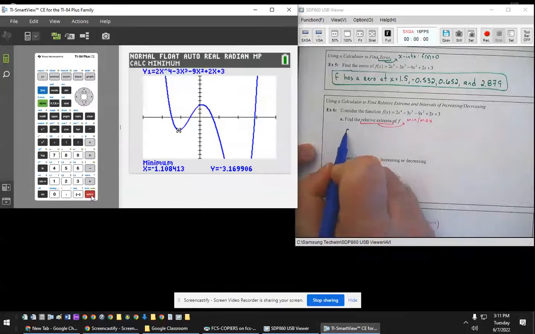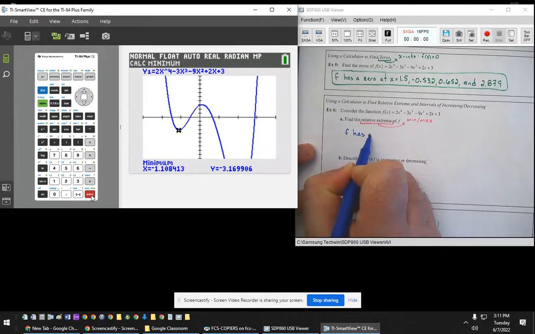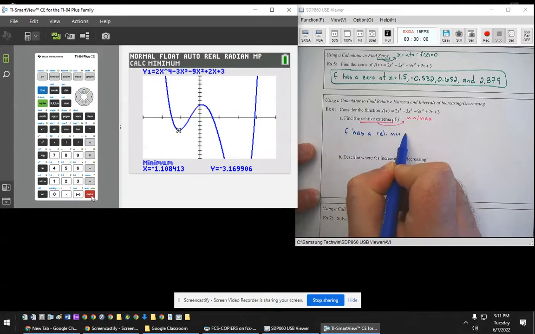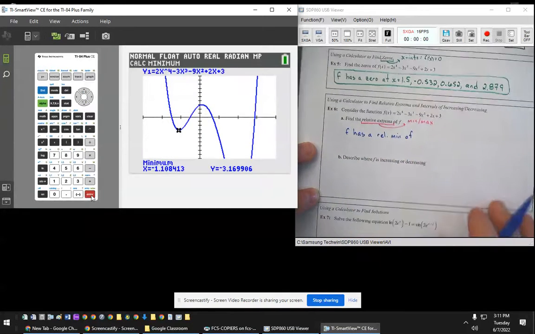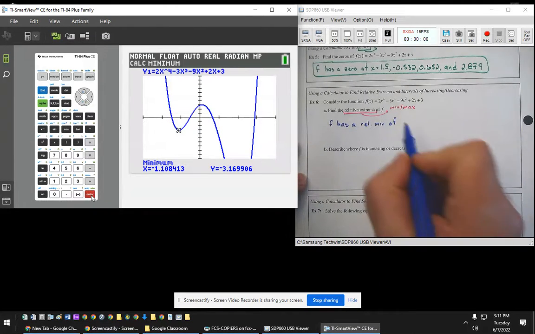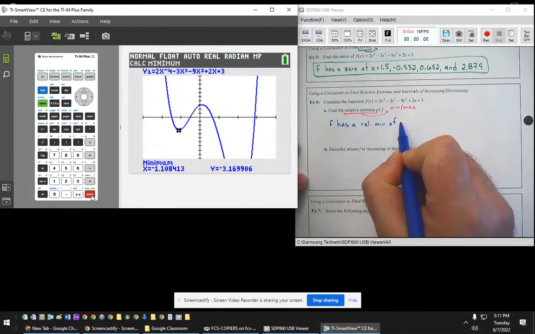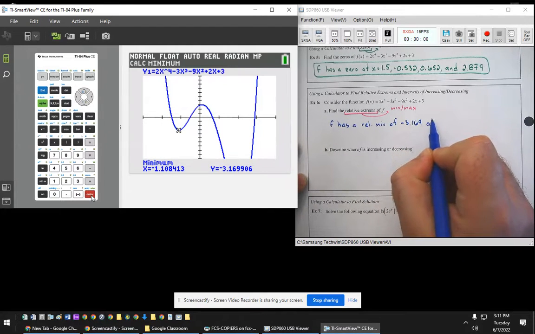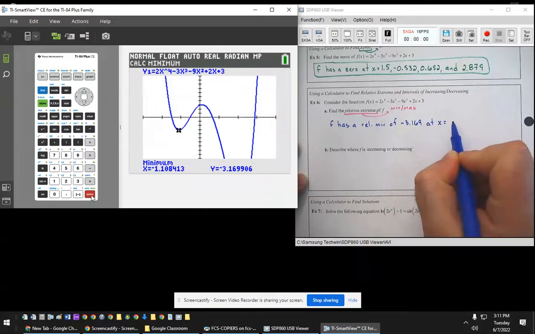So I would say F has a relative min of, now the min is the y value at a location that's the x value, so my relative min is negative 3.169 at x equals negative 1.108.